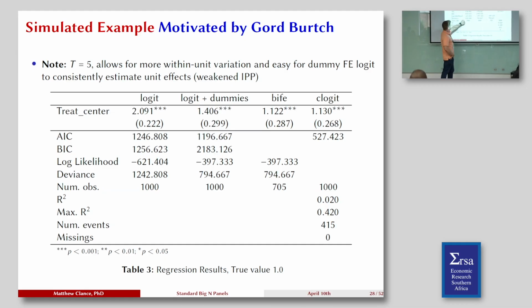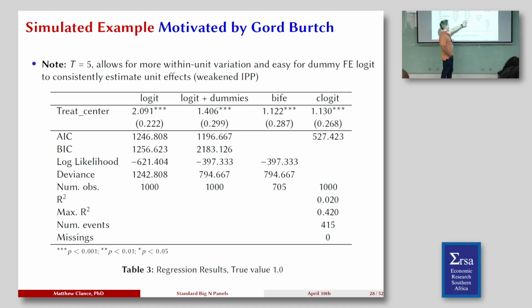If we were looking at just a plain Logit model, we would say the unobserved effect isn't problematic for us whatsoever, so I'm just going to use the treatment variable and not consider anything else. You can see that we would have an upward bias in our estimates. This is supposed to be 1, and we're at 2.09.